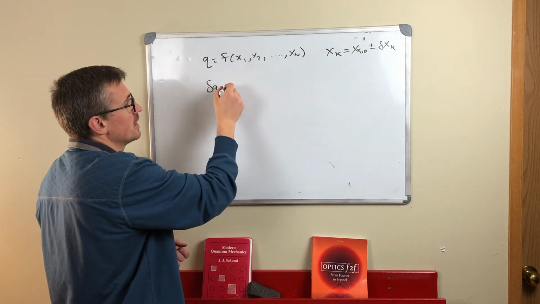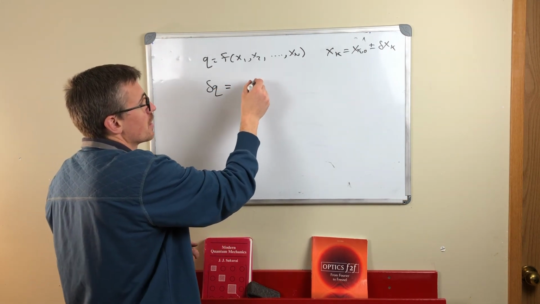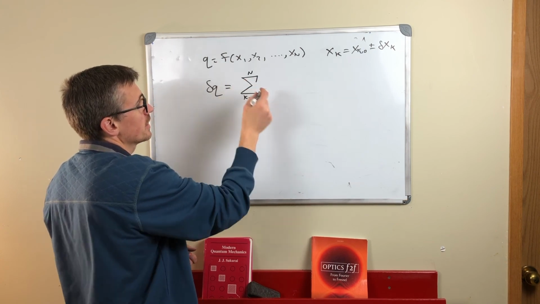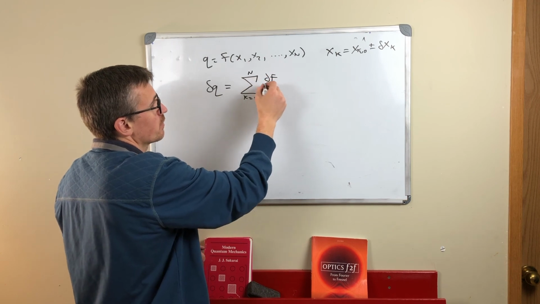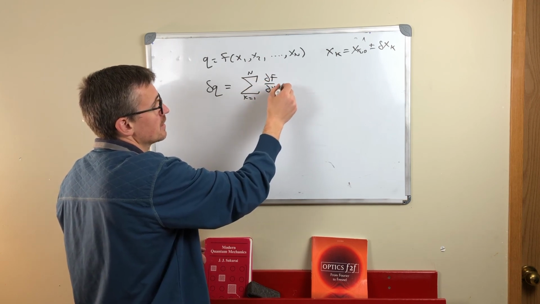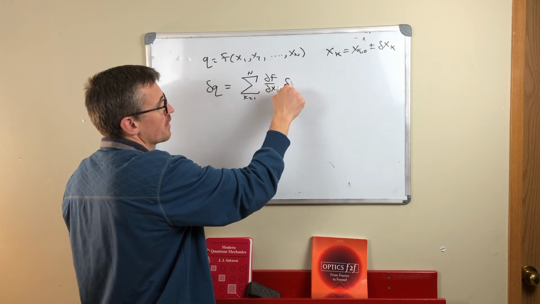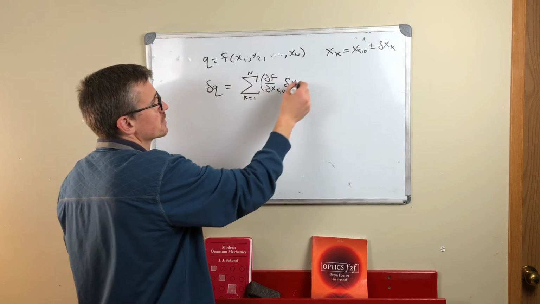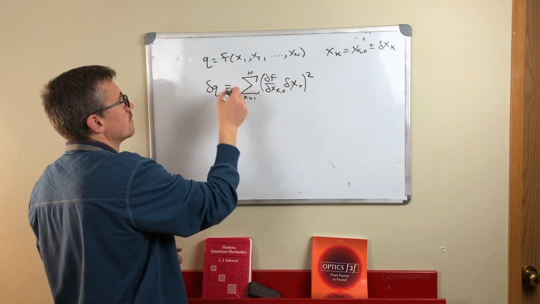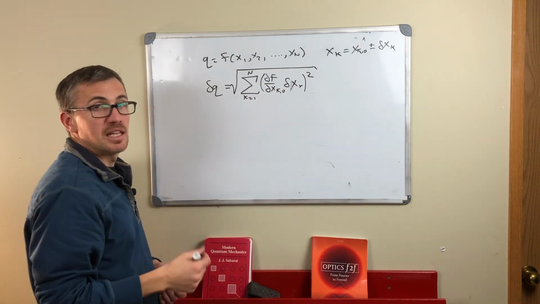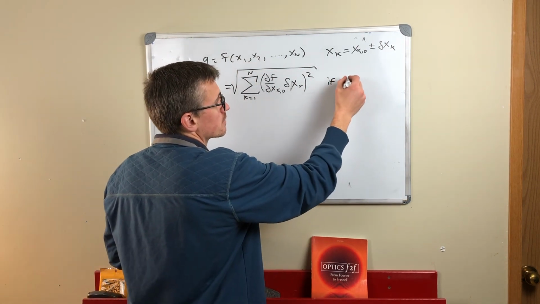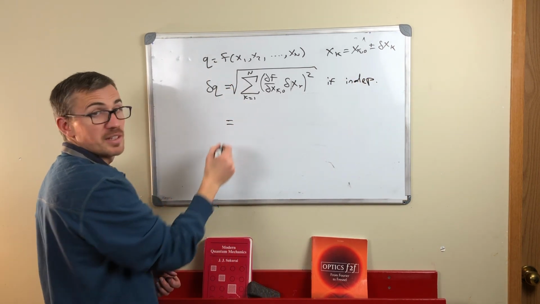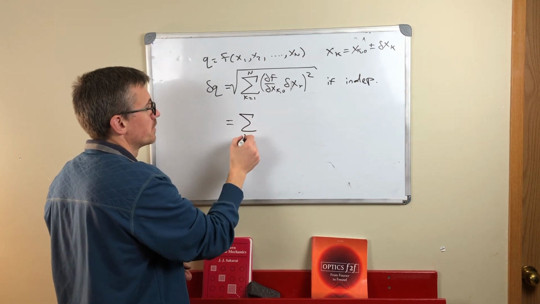And my uncertainty is given by the sum from k equals 1 to n of the partial of f with respect to xk times delta xk, and we evaluate that at xk naught, if independent. And if we don't have independence, then it's just the direct sum.